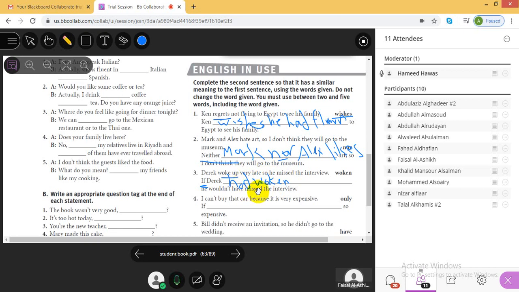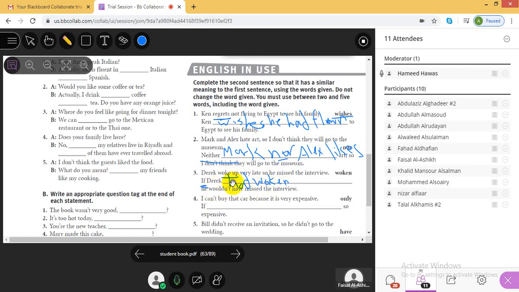By the way, you can answer the sentence in two ways. If Derek had woken up early, and I can say if Derek hadn't woken up very late, to give me the same meaning.